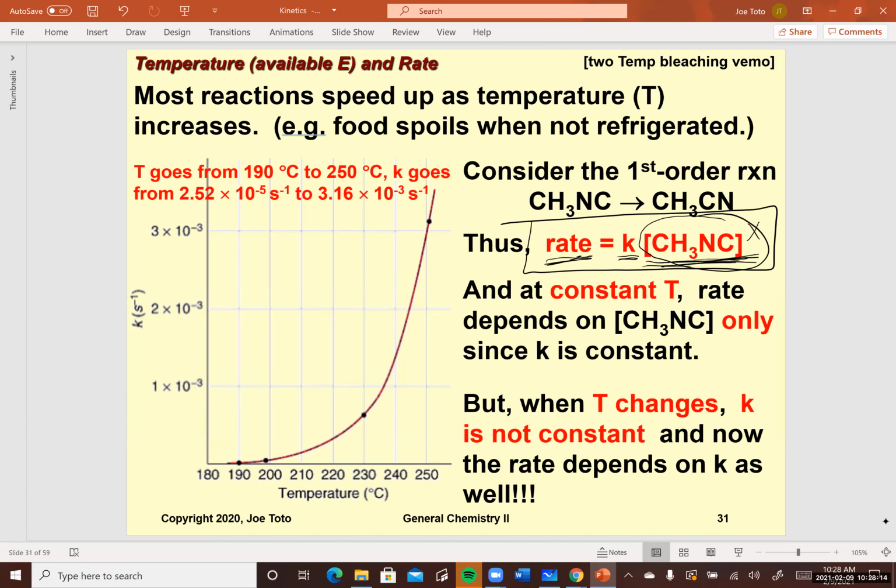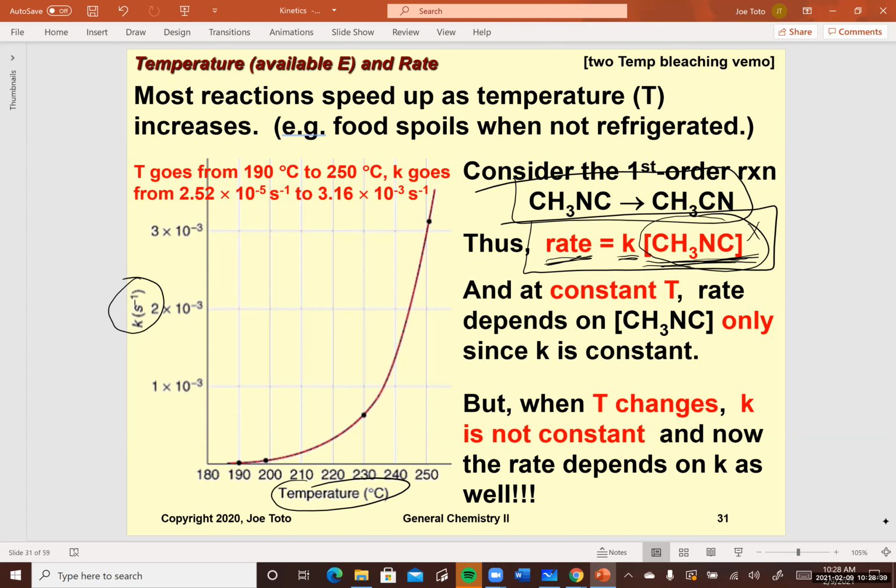And that's what we're going to do next. So this plot introduces us to the rate constant and temperature. Here is the rate constant for this reaction up here versus temperature. And we see that for this particular reaction, k is not a constant with temperature.